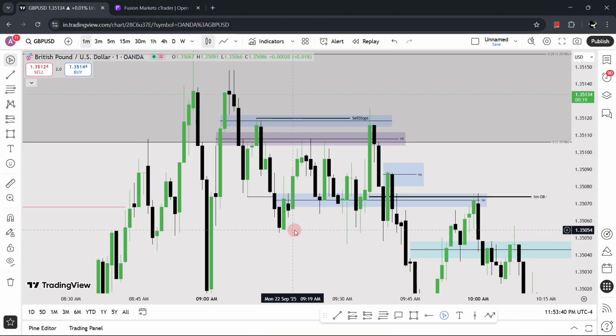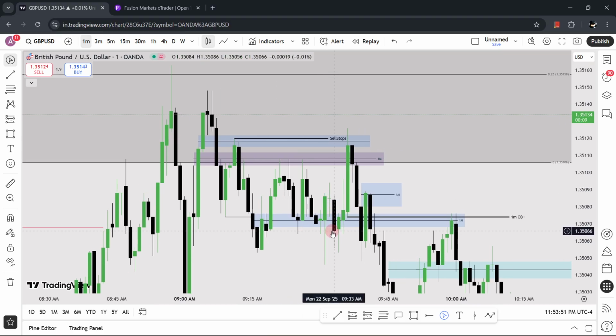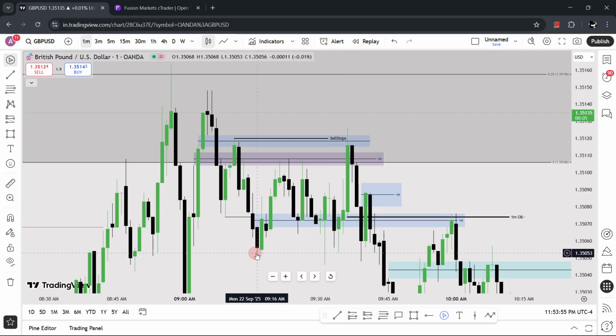Right now, when price was doing this accumulation here, I was watching how this fair value gap was being respected. It respected one time up here, went below this low, and you had many equal highs up here.